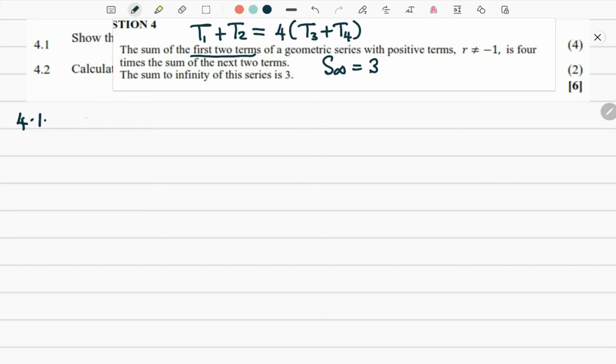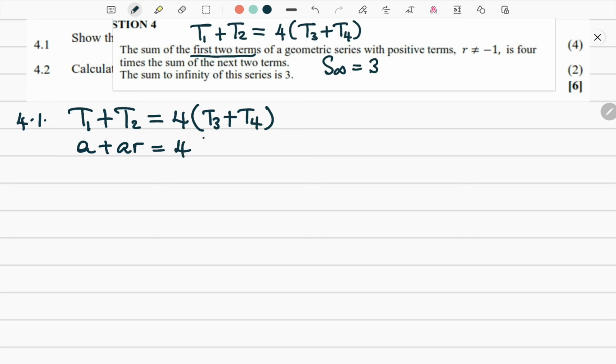Let's write T1 plus T2 equals 4 times T3 plus T4, and this will be a plus ar equals 4 times ar to the power 2 plus ar to the power 3. So this is what we have so far.